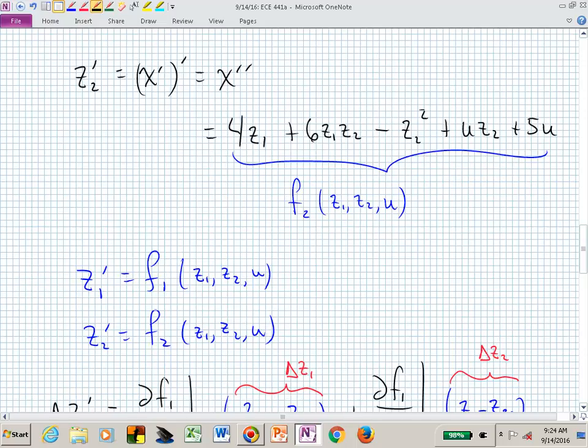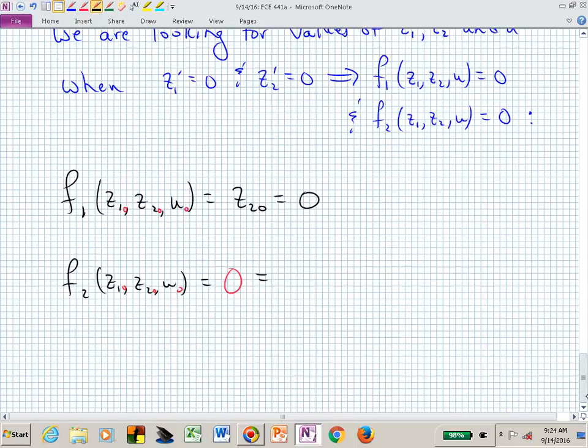In this case, F sub 2 being 0 is going to then imply, since we've already found that Z2 naught is 0, Z1 naught is 0, and U naught is 0. But there are other possibilities, but let's just use these in this example.